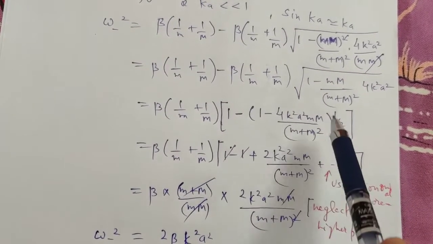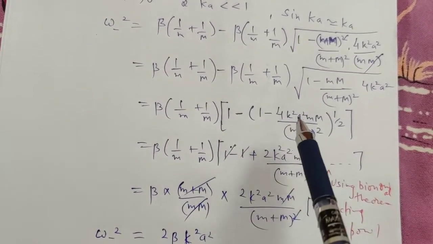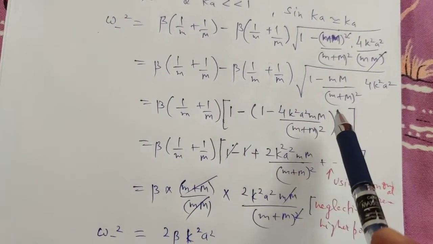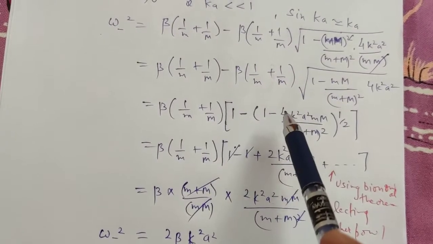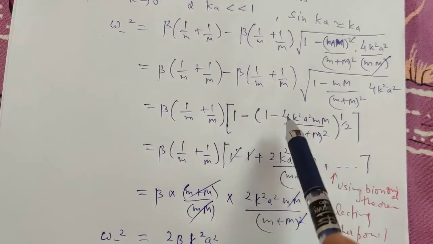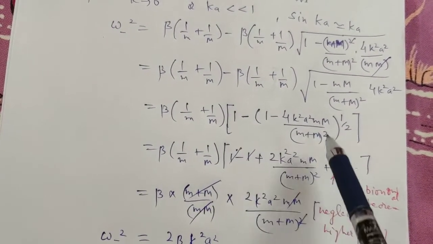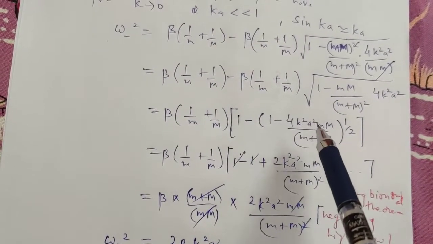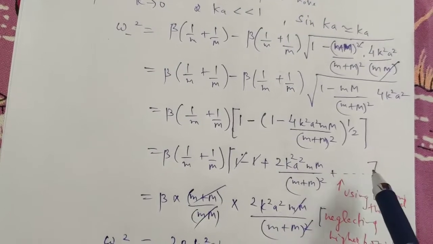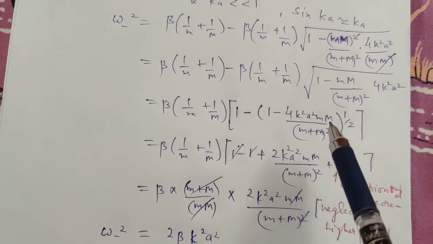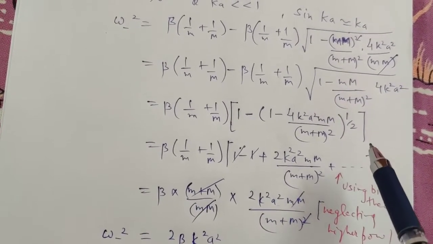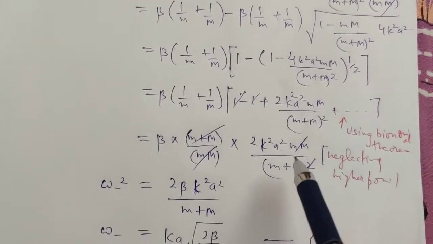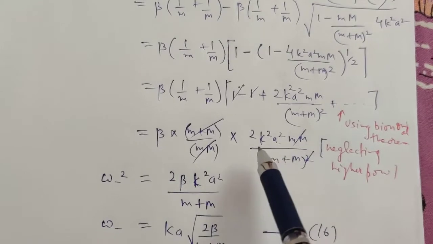So now I will expand this binomially because here K is very small. If I expand binomially, this will be 1/2 into this term, the 2 will be cancelled, this will be 2, and plus this whole square, this will be 16, and K4 A4, that term will be here, and because K is small, K raised to power 4 will also be small, therefore the higher term will be cancelled. Therefore the resulting equation is this.